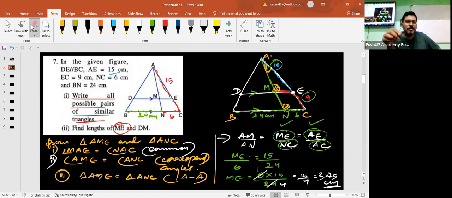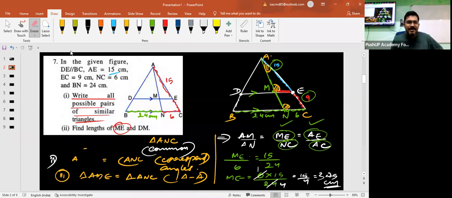But once you write it through similarity, then when you write the ratios in proportion, you suddenly get to realize that the values of AM, AN, or AD, AB, nothing is given to you. Then how will you get the value of DM? Right? So better we do some predictions earlier and then decide on the two triangles. Right?